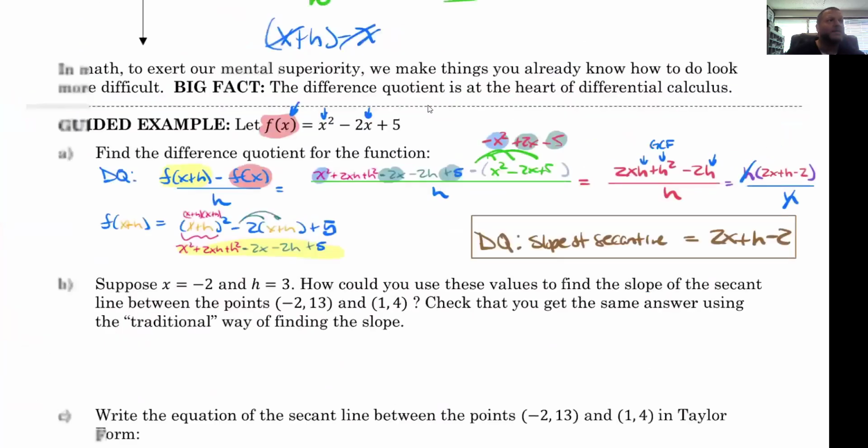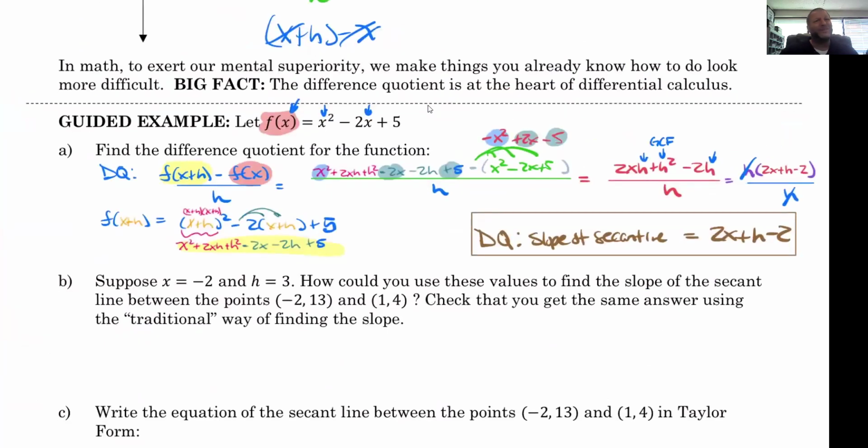If you've done secant lines before, really this is just algebra. It's like, okay, I got some letters, I got some numbers, I'm going to put a rectangle around it, get some points. I think in high schools many times we don't really describe what this is actually doing. Remember, this difference quotient is the slope of a secant line. So what this is telling us is that for this quadratic, only this function here, if you have any 2 points on it, then the slope between those 2 points is related to two things.